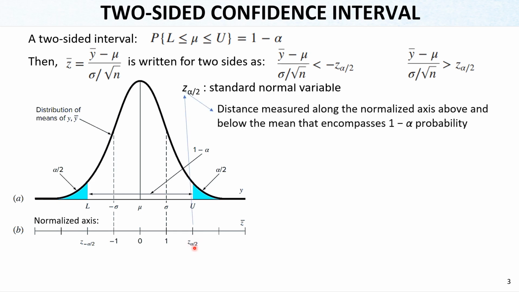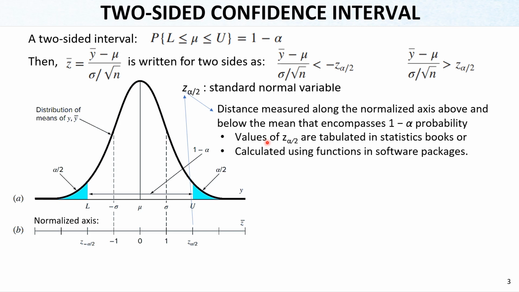So this is basically this value. And this is the distance measured along the normalized axis above and below the mean that encompasses 1 minus alpha probability. And the values of z alpha divided by 2, basically the z values for the normalized axis, are tabulated in statistical books or calculated using functions in software packages.